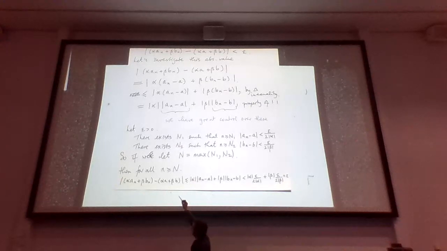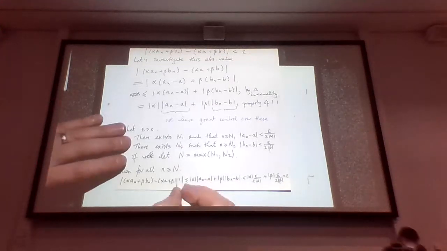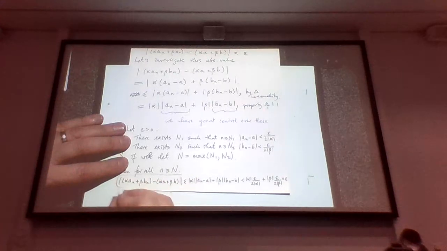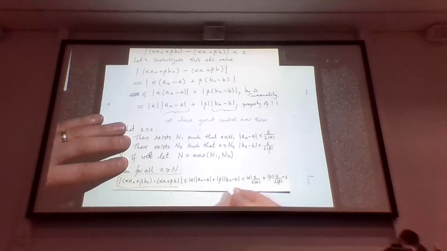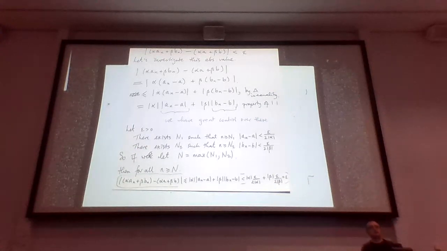So for any value of the index n bigger than or equal to the maximum of those two, so here's where we found our capital N, it's the maximum of n1 and n2, for any such value of little n, the thing on the left is strictly less than epsilon. Okay. That was the result we had to prove. So we've got it.